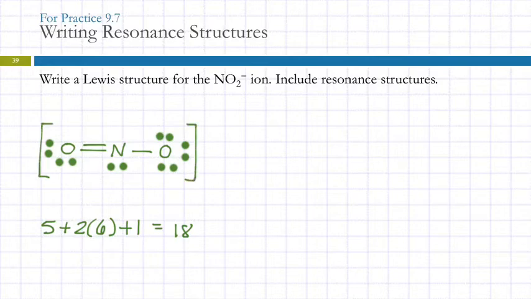And I need to put brackets and a negative on the outside. So I had to choose sort of randomly, do I put the double bond on the left or the right? That means that there's another resonance structure where I make the other choice. So I had this.